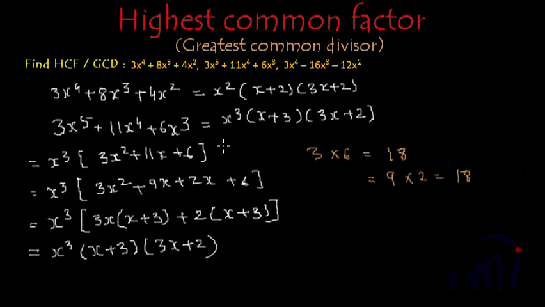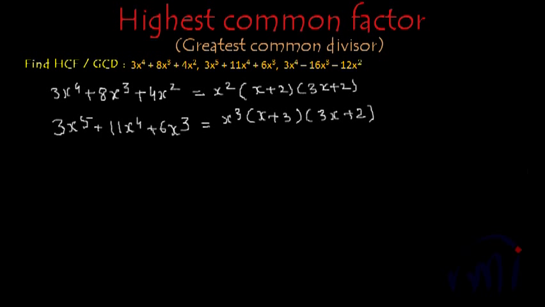So we have found the factors of 3x to the power 5 plus 11x to the power 4 plus 6x cube, and the factors are x cube multiplied by x plus 3 multiplied by 3x plus 2, right? So since we have found the factors, we'll erase the steps. And now we are left with one more expression which needs to be factorized.